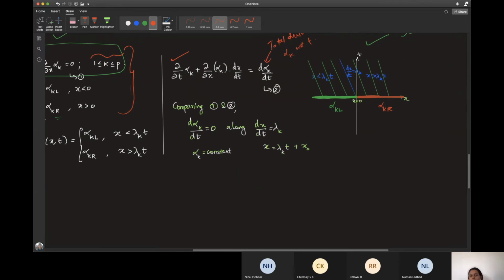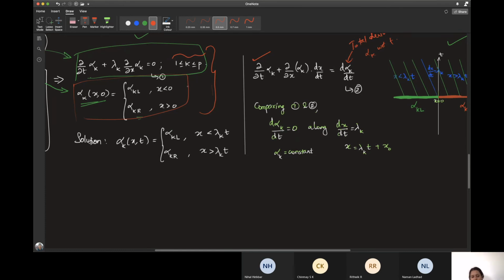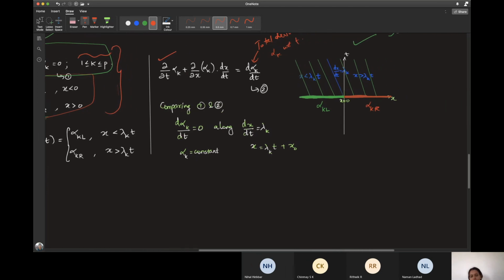Our initial condition was actually split up at x equals 0. That is, towards the left of x equals 0 you had something, and towards the right you had something else.